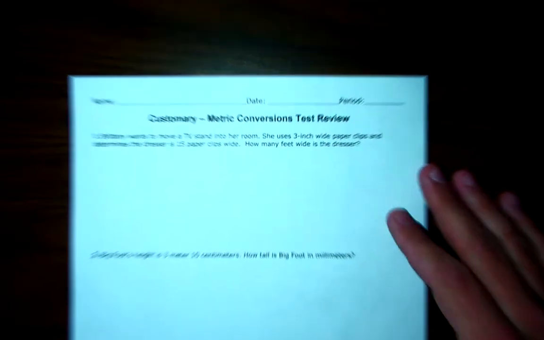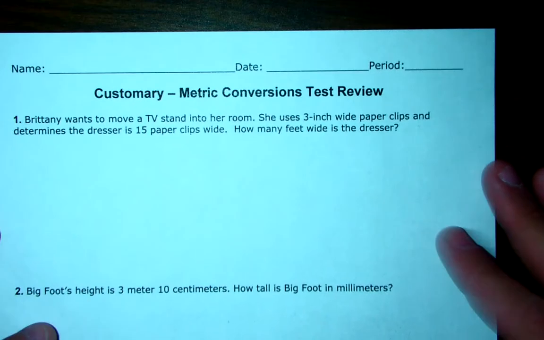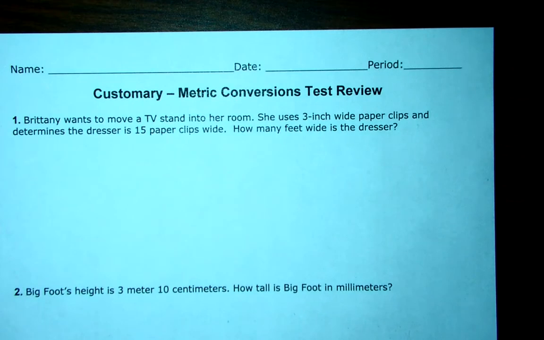All right, so we are doing a test over metric conversions. Brittany wants to move a TV stand in her room. She uses 3-inch wide paper clips and determines the dresser is 15 clips wide.